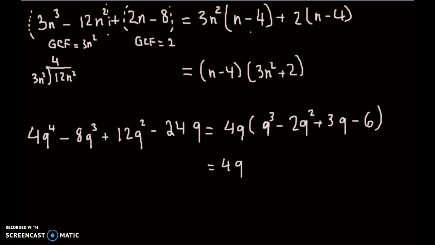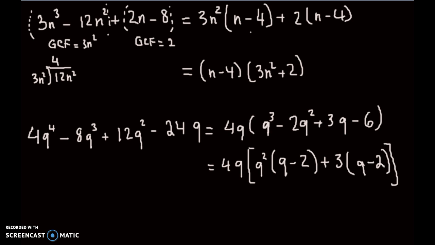Because if you group these together, if you put q squared out, you would have q minus 2, and if you put 3 out, you would have q minus 2.